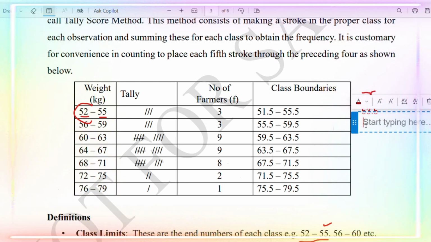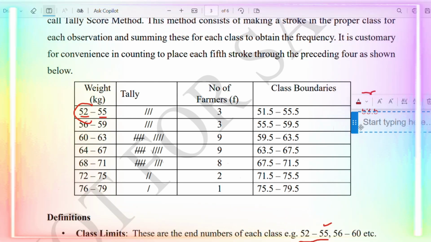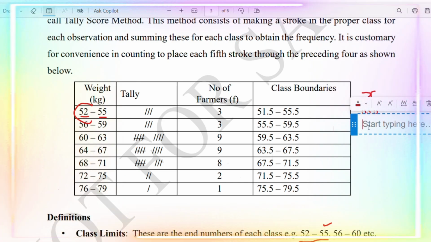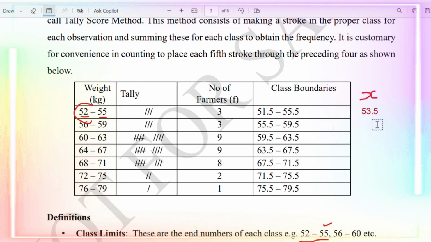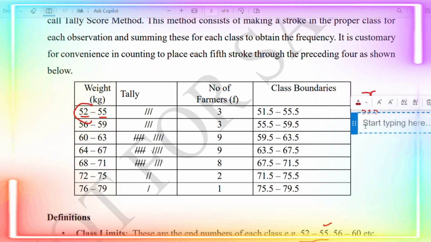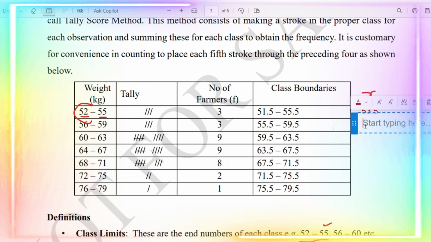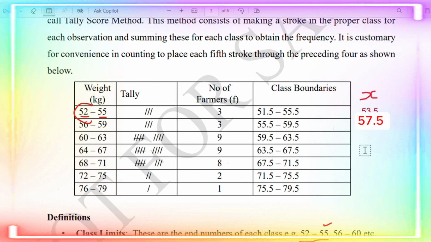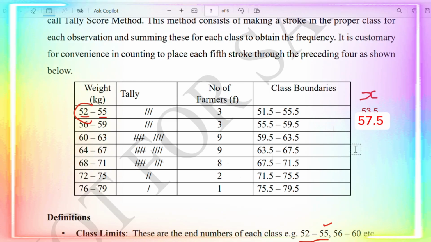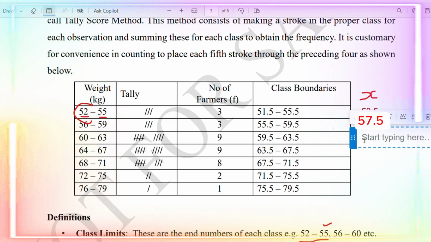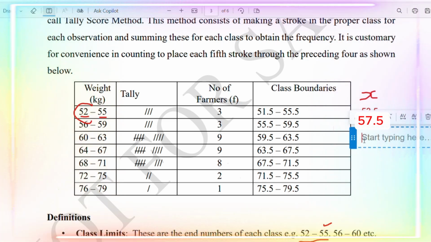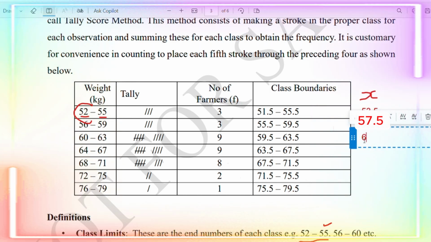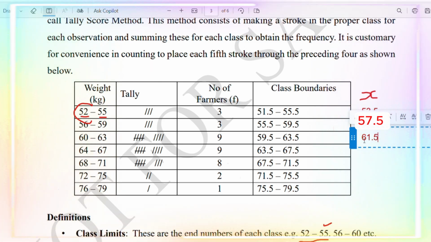Now, once you have that for the first class, and you have your class size, which is 4, then to obtain the second one you can just use the short method: 53.5 plus 4, the class size. That will give you 57.5. Then for the next class, that plus 4 will be 61.5, and so on.